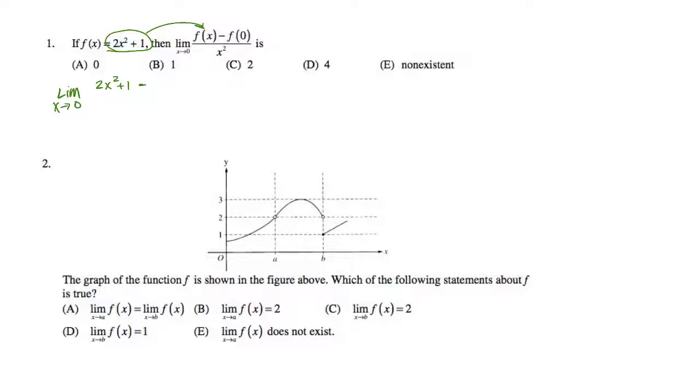If I substitute in a 0 here, that's going to leave me with a 1. And again, we're just going to bring that x squared. So continuing on with our evaluation, the limit as x approaches 0, the 1's cancel, the x squareds will cancel, leaving 2, which is just going to give us answer choice C.